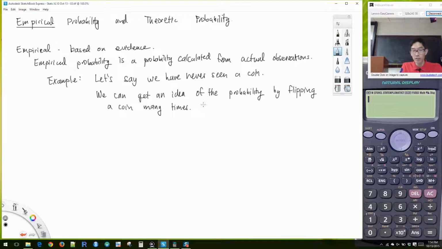Okay, we keep track of how often the coin lands heads and how often it lands tails.